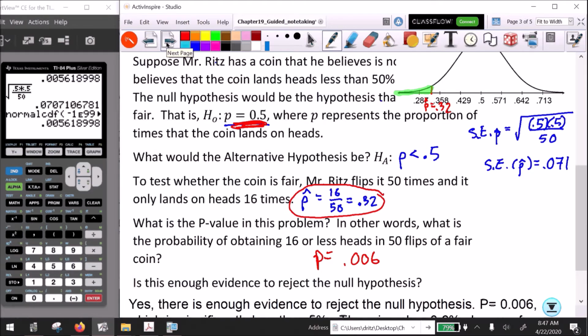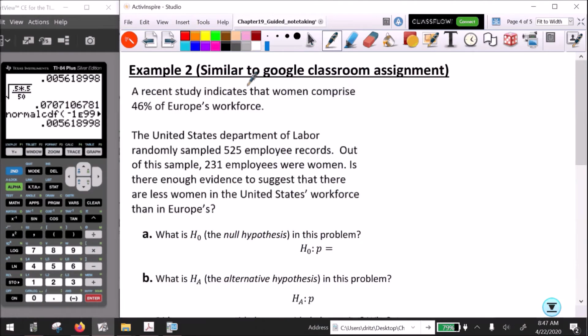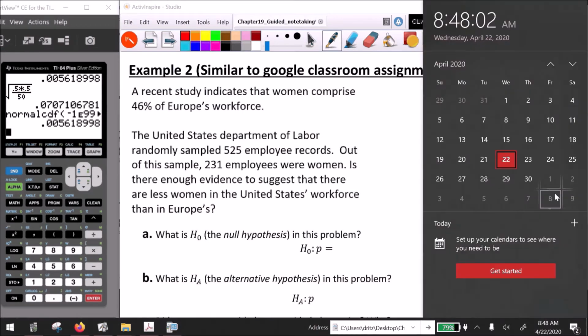Alright, let's do another example. I guess you could pause the video, take a moment to read this example. I'm going to upload a Google Classroom assignment with this post. That assignment is not even going to be due until the 8th of May.